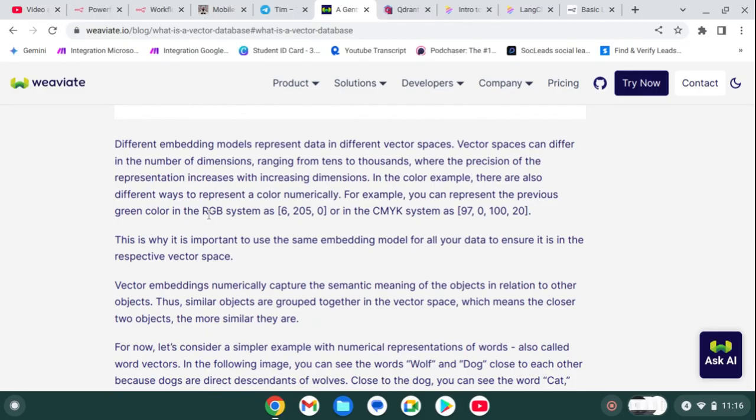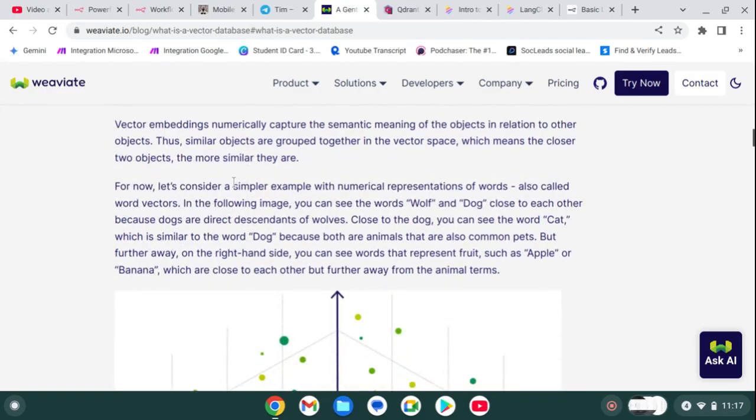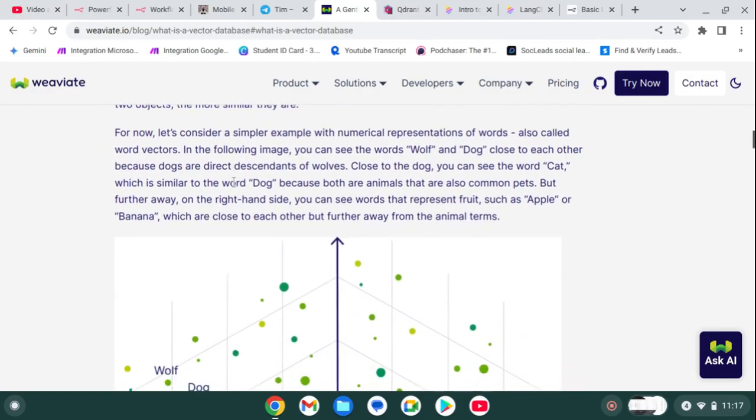Thus, similar objects are grouped together in the vector space, which means the closer two objects are, the more similar they are. For now, let's consider a simple example with numerical representations of words, also called word vectors.